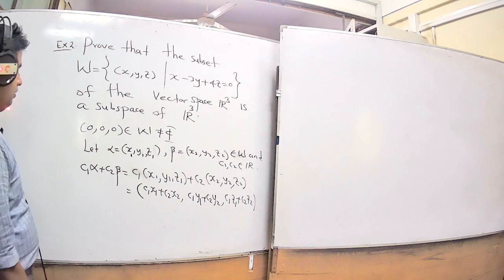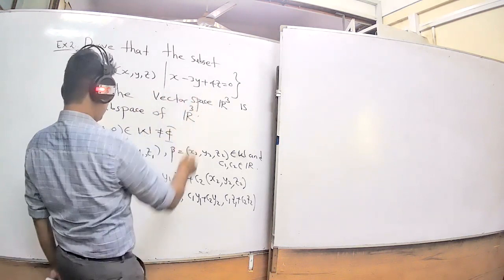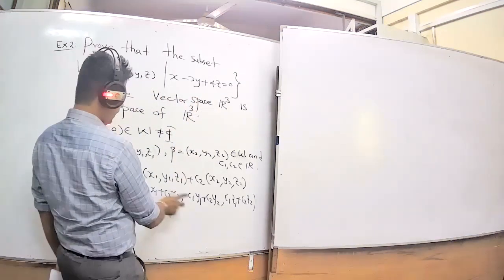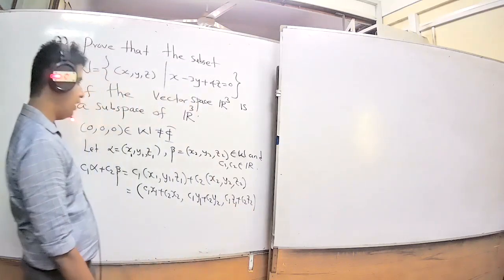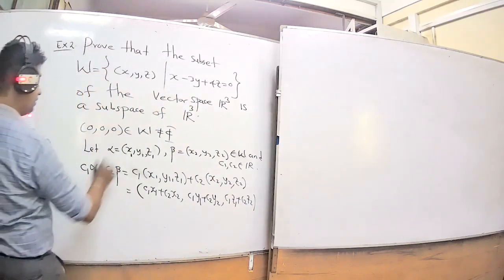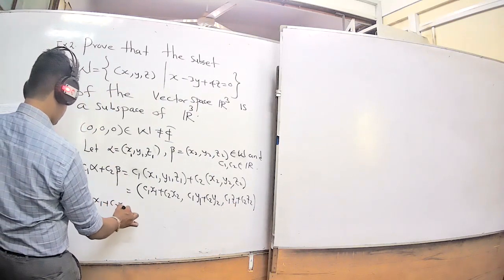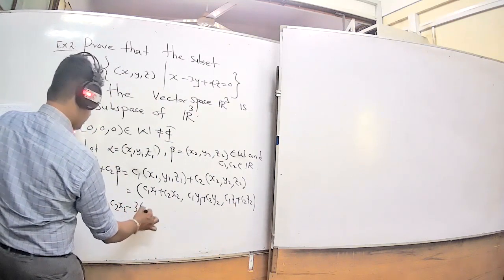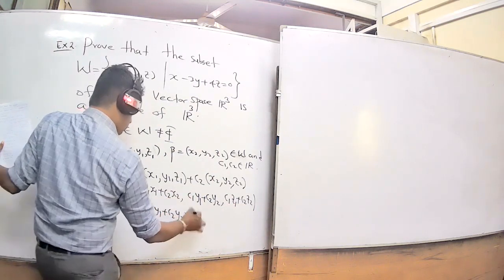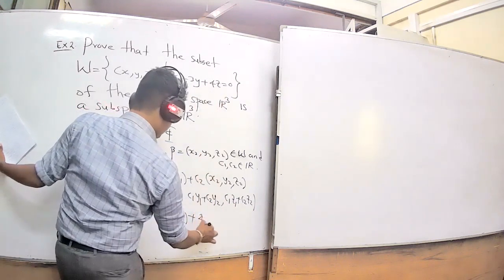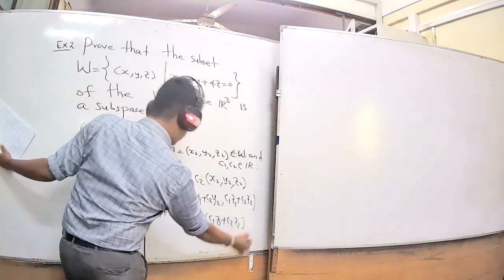That means this condition also should be satisfied there. For this condition, you want to show that this one minus 3 times this one plus 4 times this one equals 0. That is your claim. So consider c1 x1 plus c2 x2, minus 3 times c1 y1 plus c2 y2, plus 4 times c1 z1 plus c2 z2.